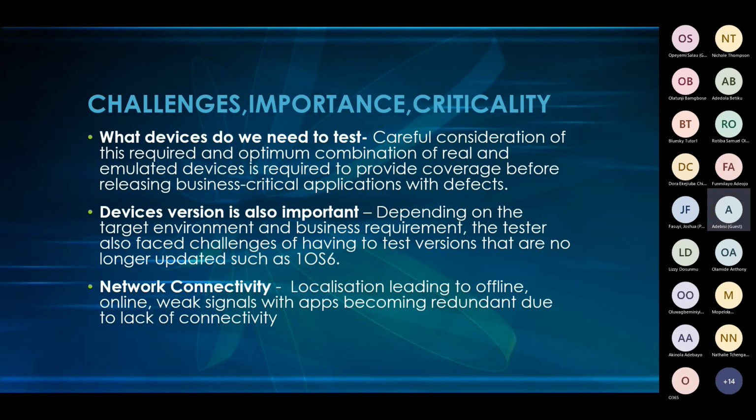And that 3 downward, I mean, if iPhone 13 is the latest, they expect you to test on iPhone 13, which is the latest version, iPhone 12, iPhone 11, and iPhone 10. So if you, as a tester, are testing iPhone 6, it will fail because the application is not deployed to the lower versions of the devices.